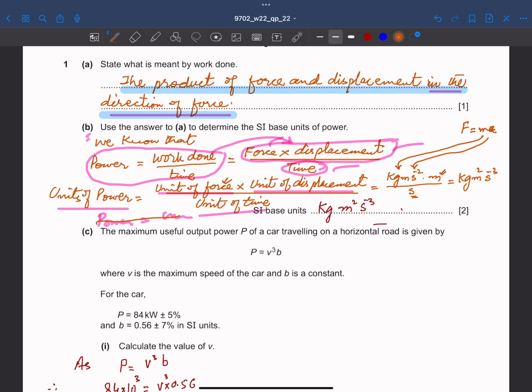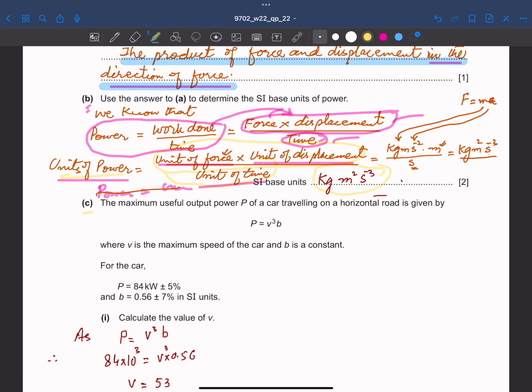So simply you can write kg meter square second power minus 3. So this will be the simple answer here, and I think this is the simple way. But don't make this mistake that you write only power on one side, and on the other side you write the equation this way, that unit of force, unit of displacement and so on.